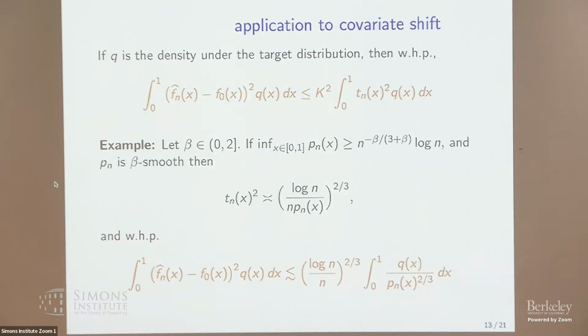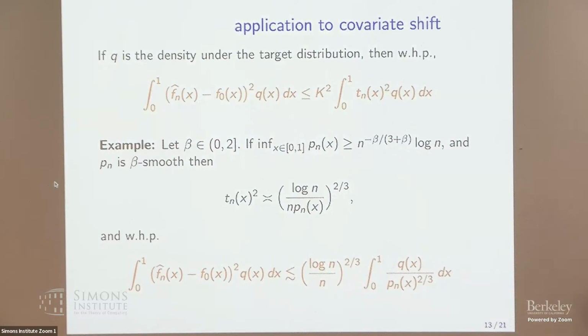Okay, so here's finally, someone asked what this has to do with covariate shift. This is one example where you can give some result. For instance, in this result, we assume that the smoothness of the density is between 0 and 2, and the densities, as I said, we make n-dependent to make all this visible.